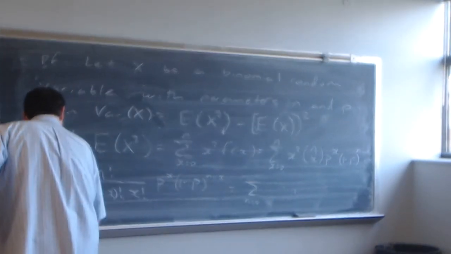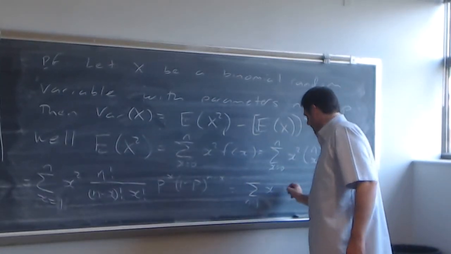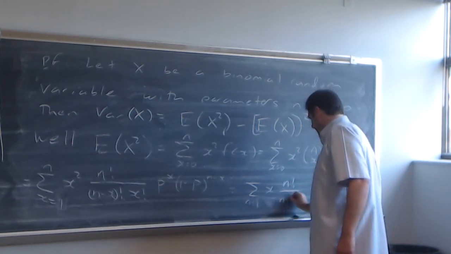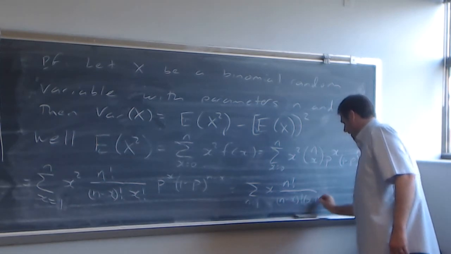So we get a sum as x runs from, oh, it's not 0, it's 1. Oops, I made a mistake. Remember, we already said, let's just start from 1. So the sum from 1 to n of x times n factorial over n minus x factorial. This would be x minus 1 factorial.